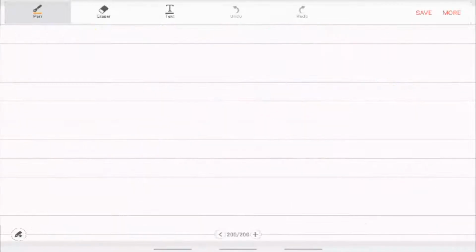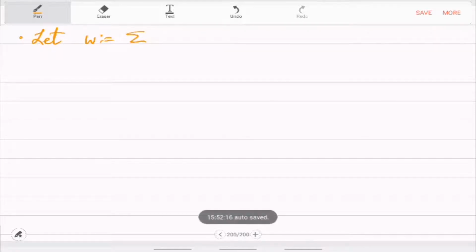So let us define W as the sum of all the zi's, that vector. How long is W?